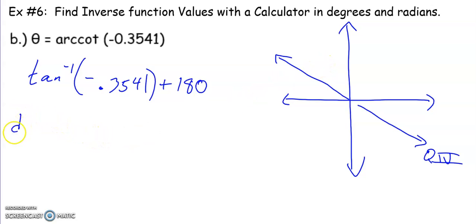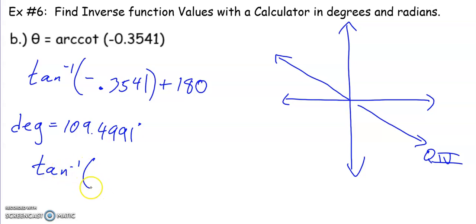And so when we type this into our calculator, making sure we use our degree mode, we are going to get 109.4991 degrees. And then for radians, we change our calculator to radians, and we start off the same way.